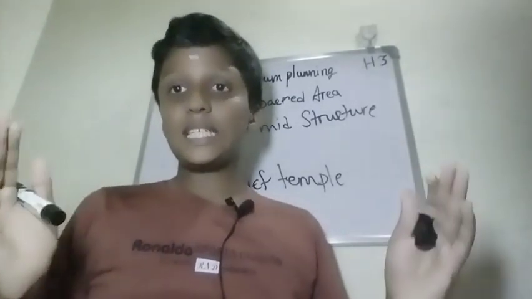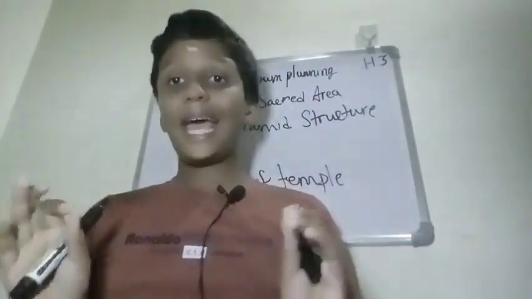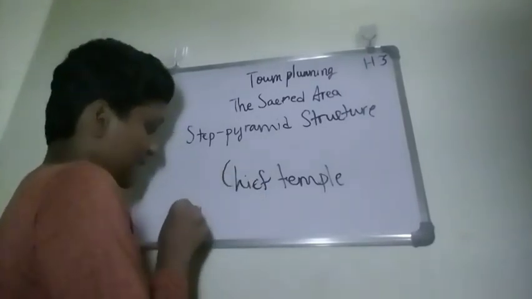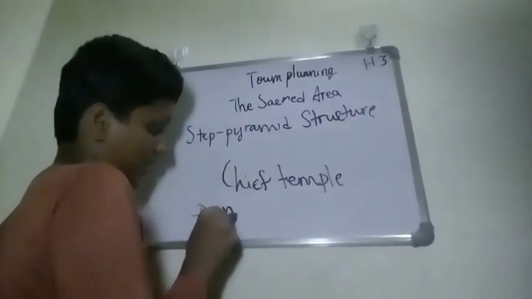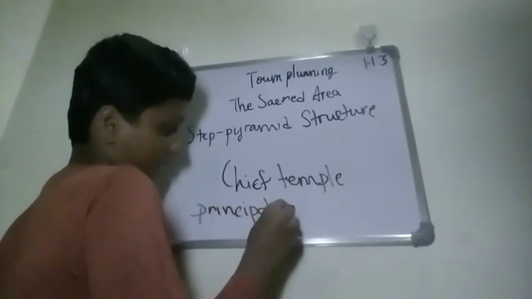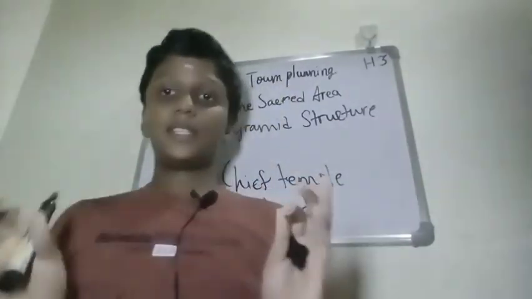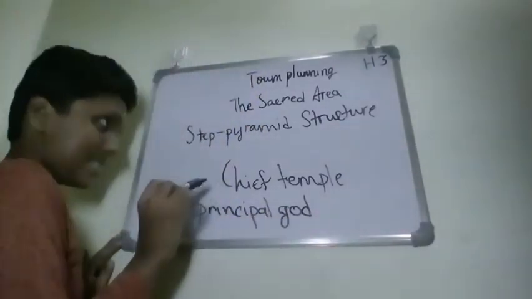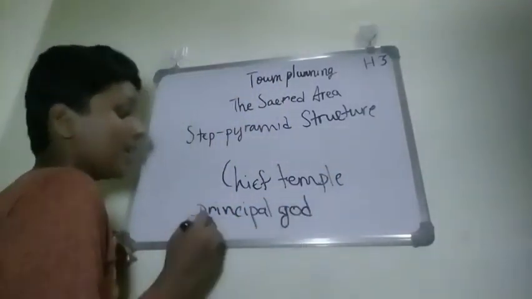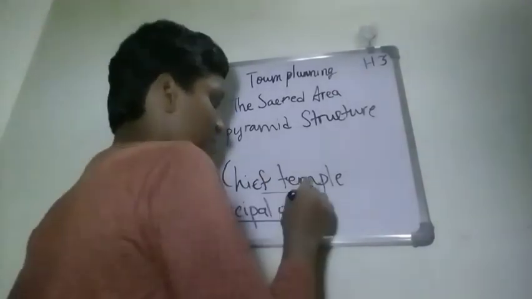A city would choose a god as their principal god, and the city would build a temple for this principal god, called the ziggurat. One city would have only one ziggurat, hosting the principal god of the city, and it would be the chief temple.